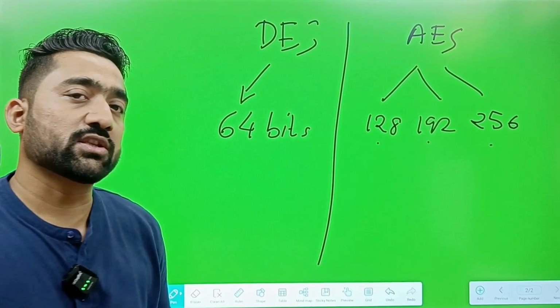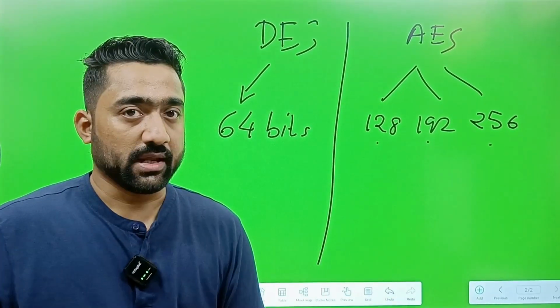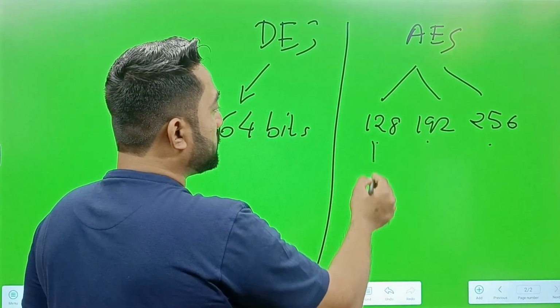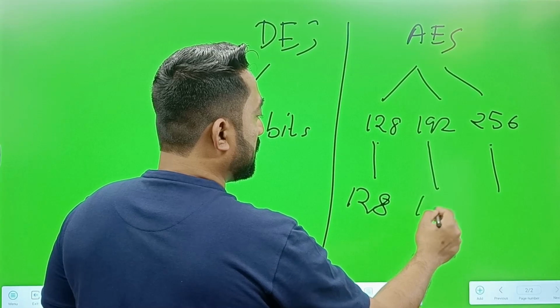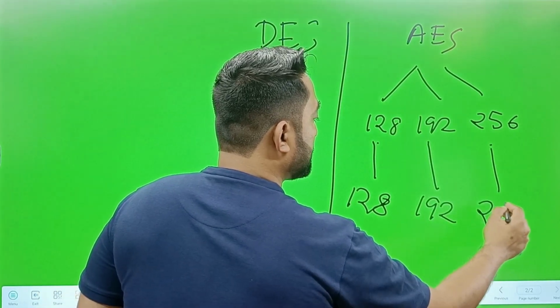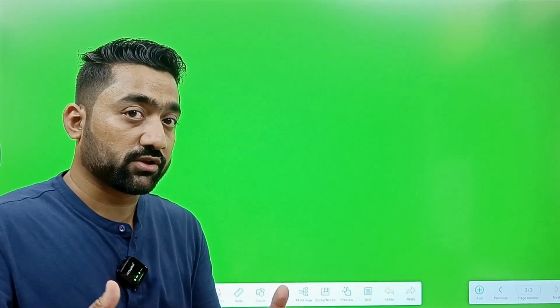As we already know, in the case of a block cipher, the key size and the plain text size should be equal. So depending upon which AES version you are using, there will be keys of size 128, 192 and 256 respectively. Clear?